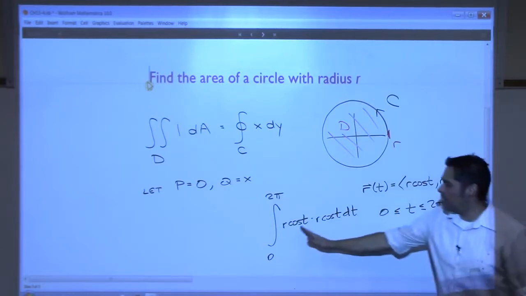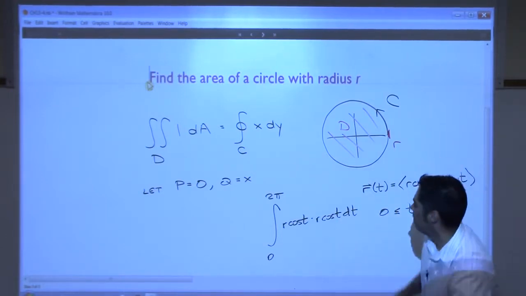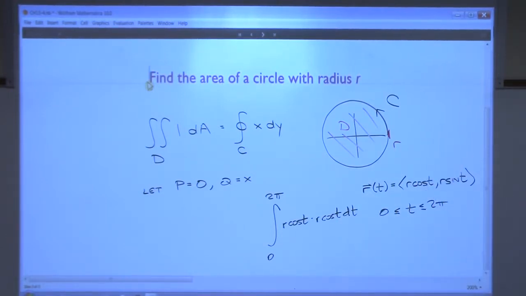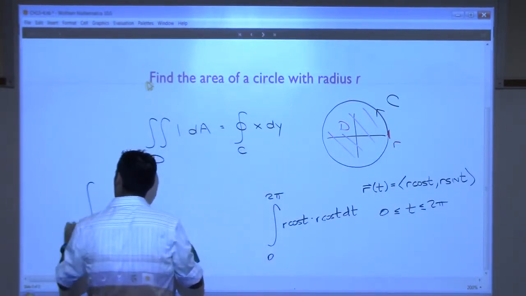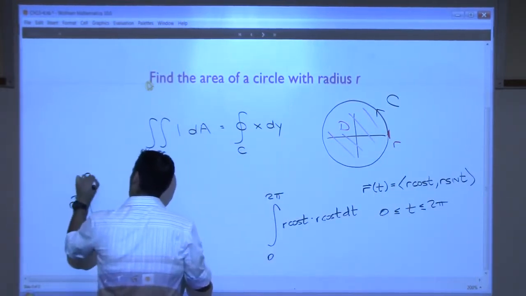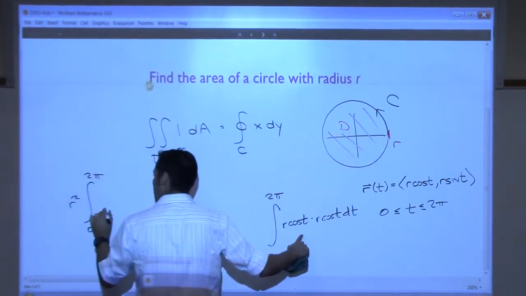Do y'all see that? That's x dy. Now, any of those things I can pull out of there? R squared, right? R squared can come out of that. What's left in here? Cosine squared.